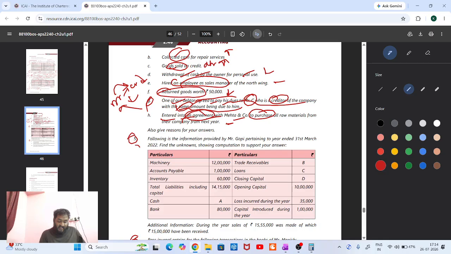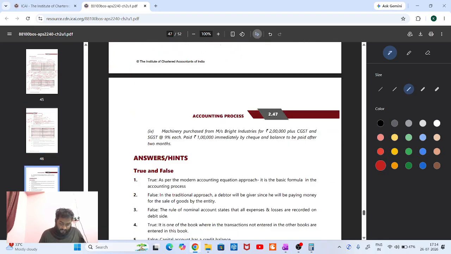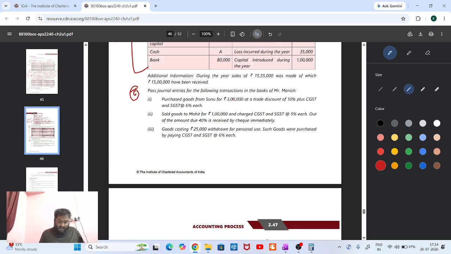This is also the game. First, I will check whether this can be given as purchase of goods on credit, with a trade discount. So I will just give you the entry here.